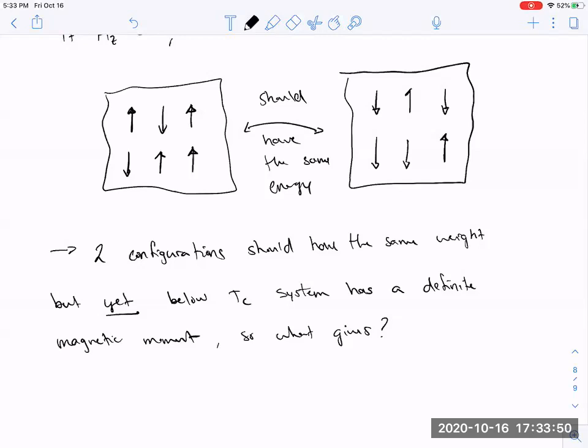It must be because that symmetry, that up-down symmetry, is spontaneously broken. It must be that while thermodynamically both cases are equally likely, interconverting between the two takes a macroscopically long time.